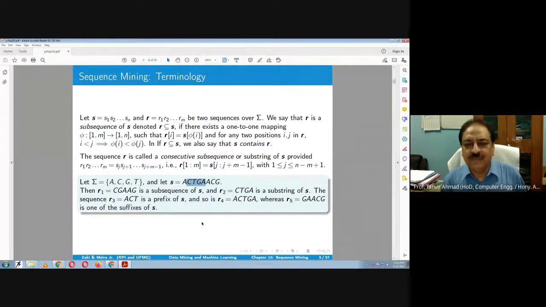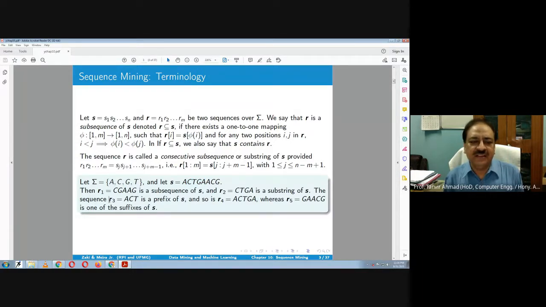Therefore, this is a substring of S. Now try to understand the difference between substring and subsequence. In a substring, it has to be continuous, whereas in a subsequence, that sequence should come in S, which may not be consecutive, but the order should be maintained.